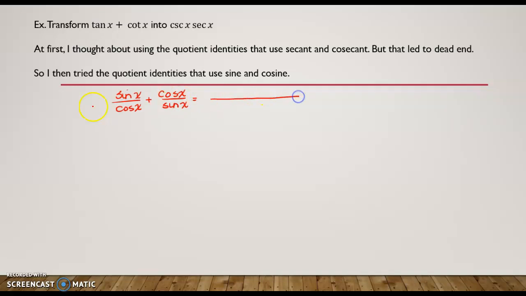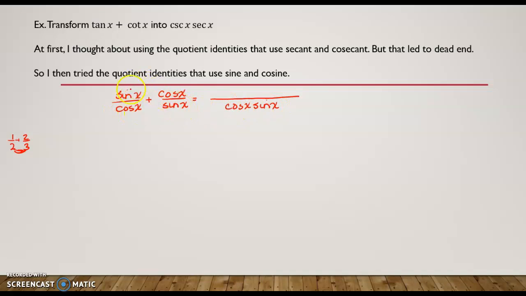So just like when you're adding 1/2 and 2/3, you get a common denominator. Well, just like you did 2 times 3 to get 6, you're going to do cosine x and sine x to get your common denominator. Once you've done that, then what do I need to make this look like this?